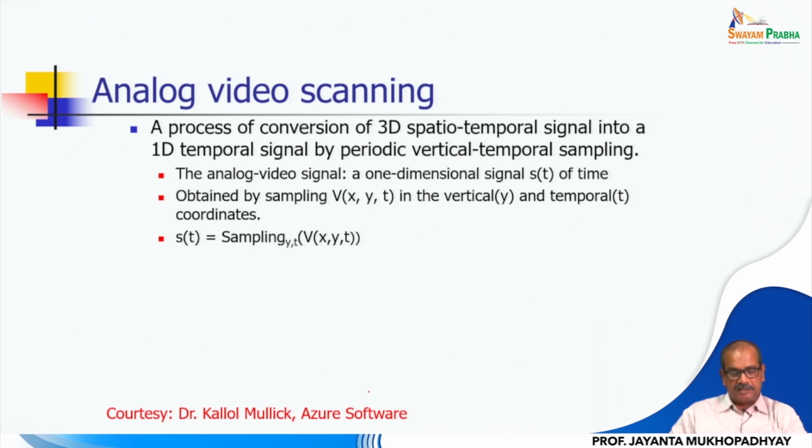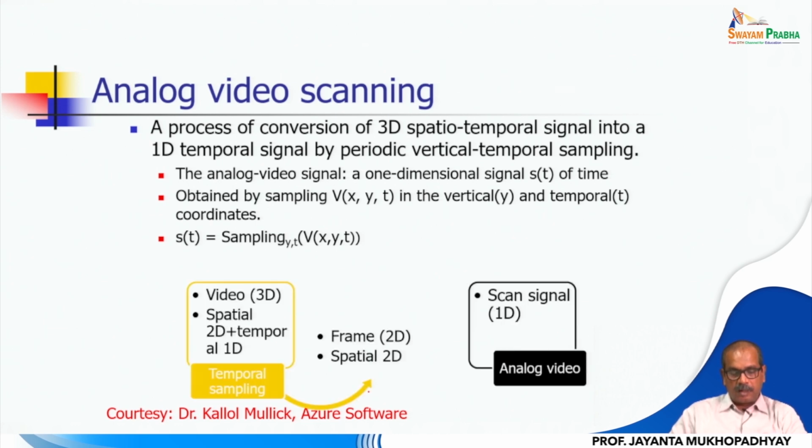So as you can see, video is normally a three-dimensional entity, including space and time. Or we can say that it is a two-dimensional spatial entity for an individual frame, and then there is a temporal dimension across the frames.